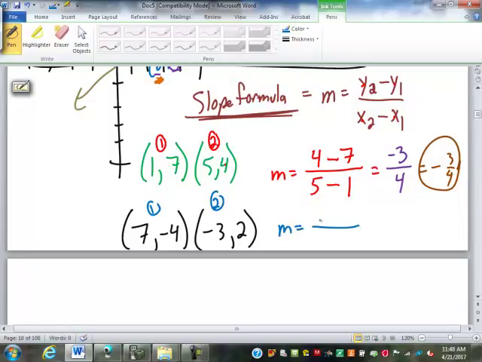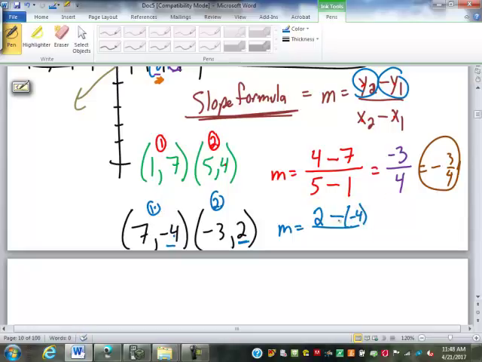So in my formula, what's going to go first on top here? 2, perfect. y2, so it's going to be point 2, the y-coordinate. Minus what? The -4. Good. It's y1, so it's point 1, the y-coordinate.